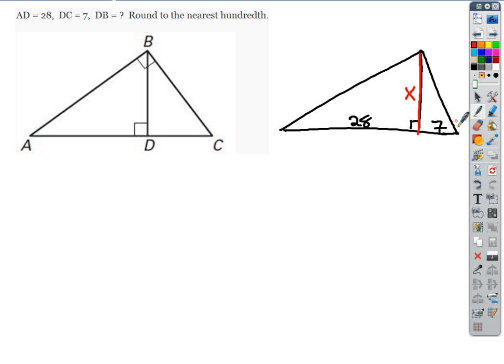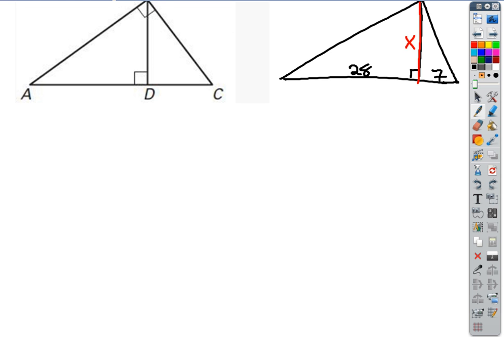That's the one that's opposite the right angle. But X is clearly the larger of the 2 legs, so it's L. What role does it play in the medium triangle? S. Right, short leg. Okay, so then the ratio that we're going to set up for both of those triangles involves S and L. It doesn't matter which one you put on top or which one you put on bottom. I always put the small one on the top and the big one on the bottom, but it doesn't make any difference.